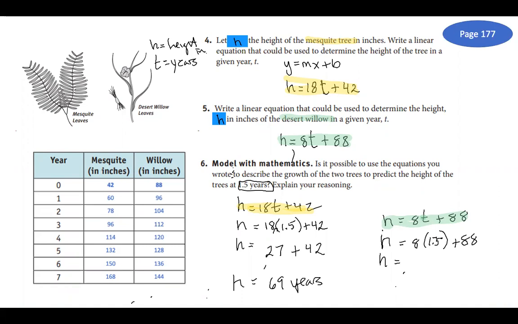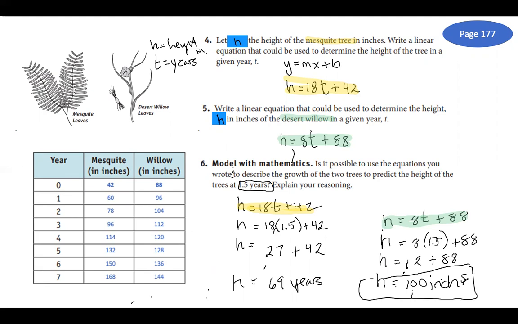8 times 1.5 is 12 plus 88. Oh, a nice 20. No, that's not right. 88 plus 12 is 100. That's a beautiful number. So round. So h is equal to 100. Why did I put years over there? Height is in inches. So this should not be years.